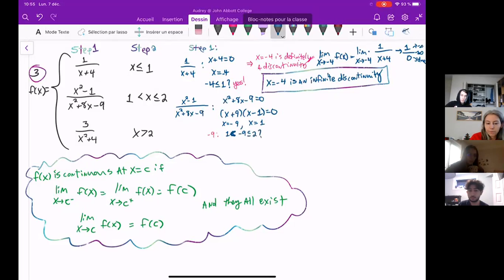Is that true? No, not on the interval. And then we're going to check 1. So here I'll have 1 less than 1 less than or equal to 2. Is that true? No. Also no, because this interval is not including 1.